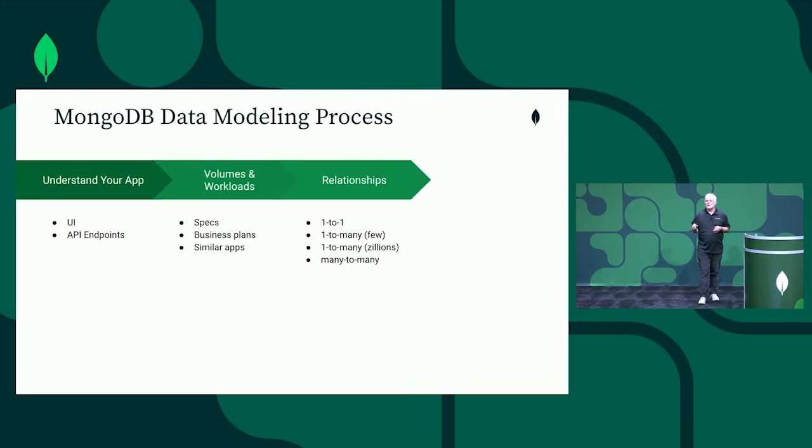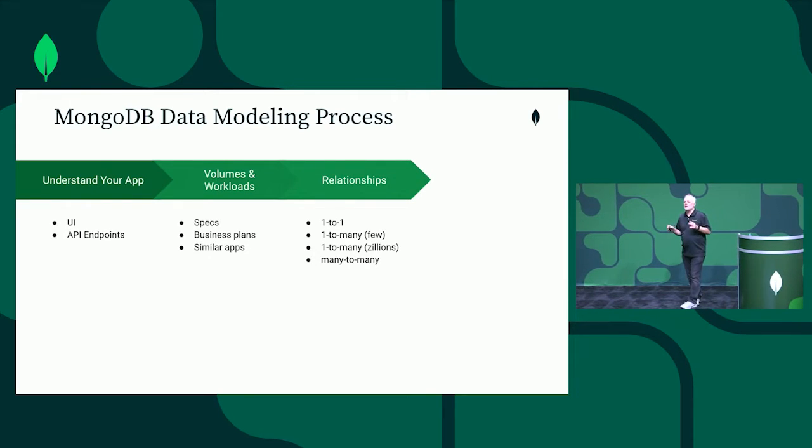Just like a relational database, we care about relationships. And sometimes people think that with MongoDB, NoSQL, we don't care about relationships. In fact, with MongoDB, you probably care about relationships more than you do with a relational database, because with a relational database, you've only got one way of modeling that relationship. With MongoDB, you've got several ways.